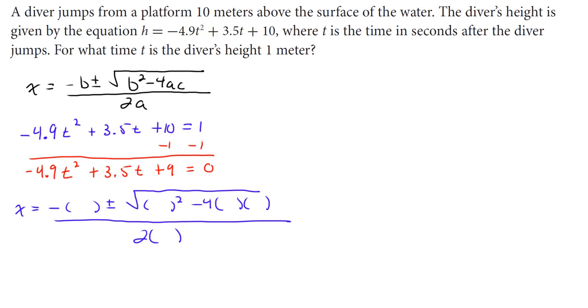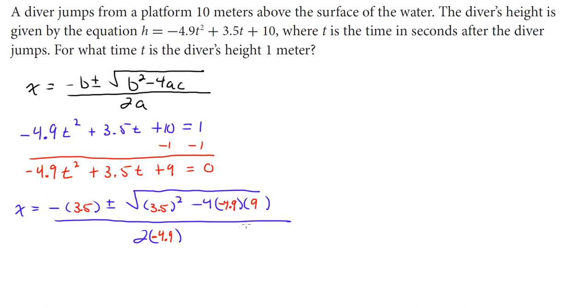And let's plug our numbers in. So my b value is 3.5, so that goes here and here. My a value is negative 4.9, so that goes here and here. And my c value is 9.